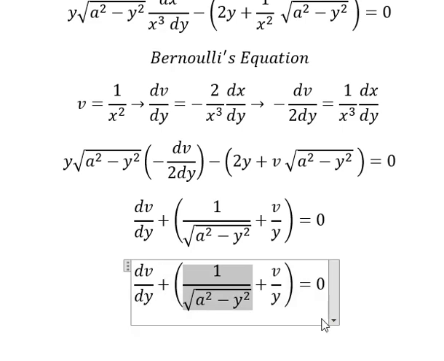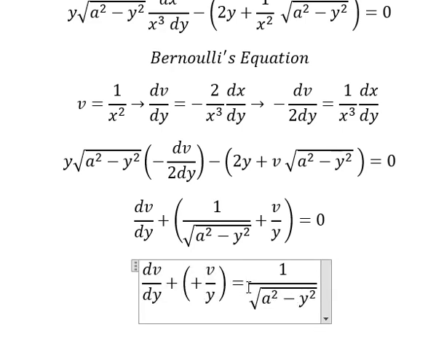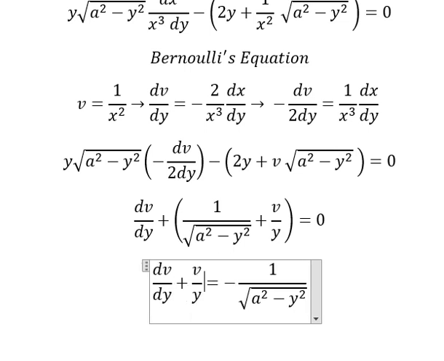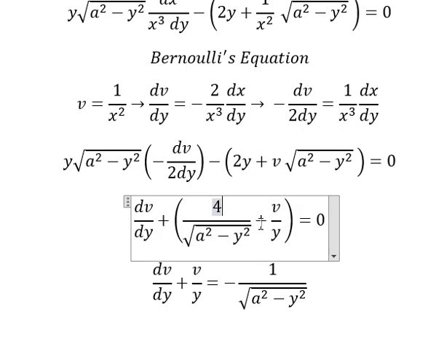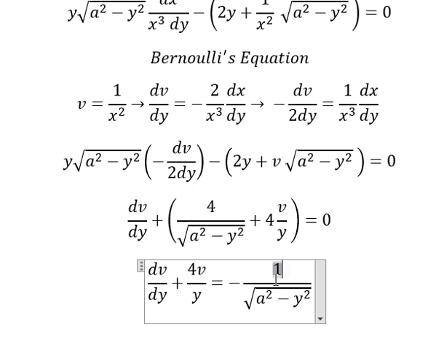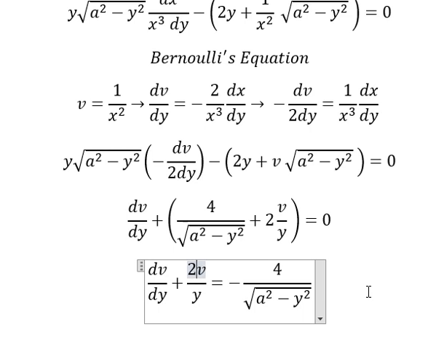Now I will put this one go to the right. This one we put like this. I missed number 4 in here. This one number 2. So after I edit this one, that should be like this.